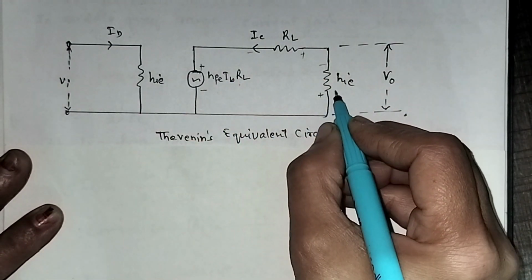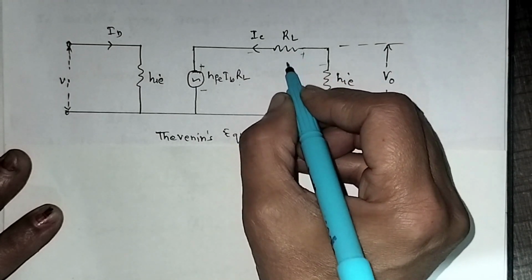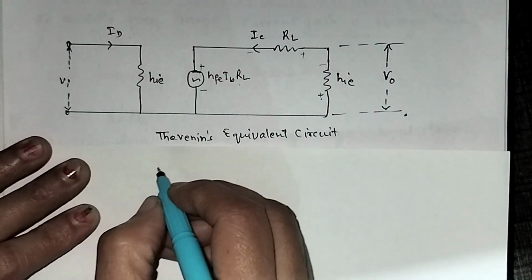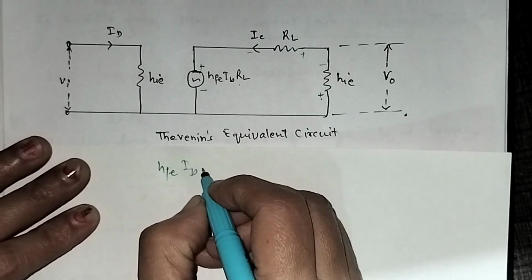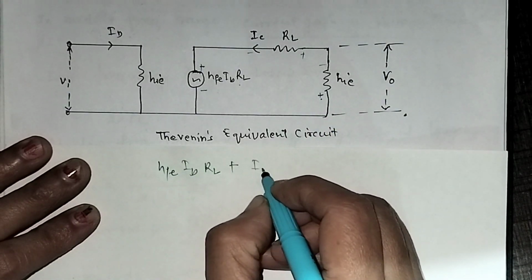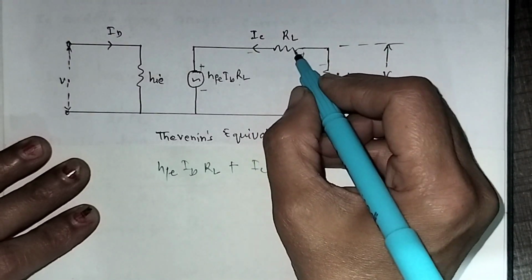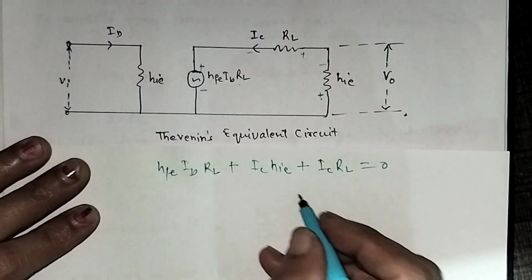Also when the current is entering here, it is also positive, and the current when it enters here is also positive. So when we apply KVL, the expression will be hfe IB RL plus IC hie plus IC into RL equals 0.